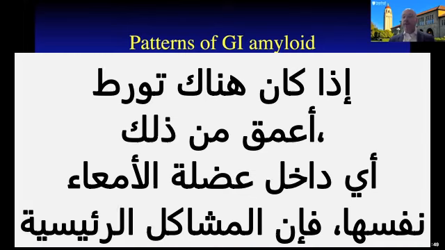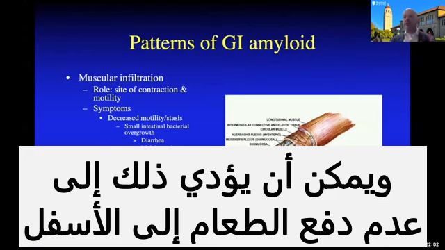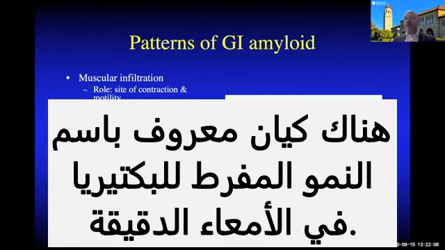If there is involvement that's deeper than that, that's inside the gut muscle itself, the main problems that we'll see with that are problems with muscle contraction and problems with the motility of the gut. And that can lead to food not getting pushed down as well, food sitting in the stomach, stasis. There's this entity known as small intestinal bacterial overgrowth.